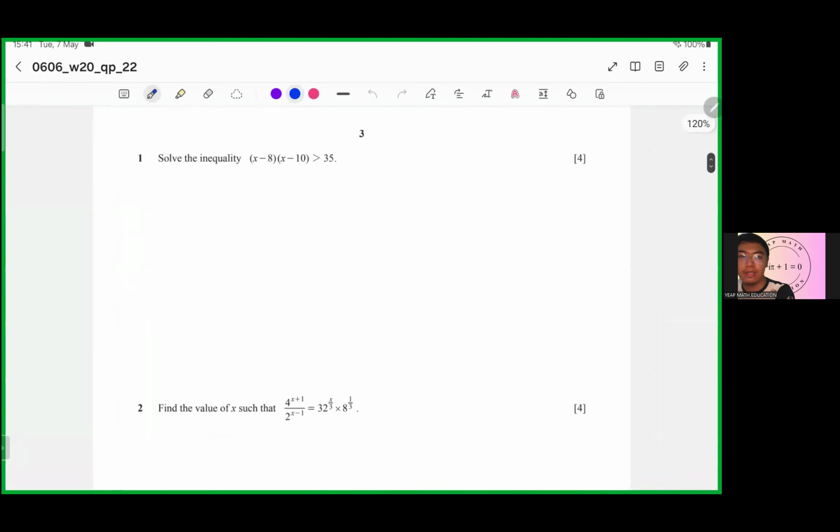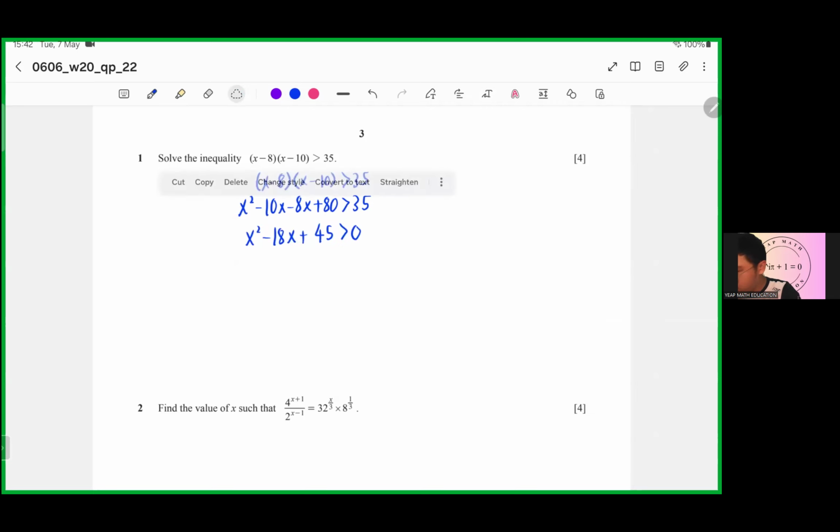Question one is to solve the inequality (x − 8)(x − 10) > 35. What we need to do is just multiply. We get x² − 10x − 8x + 80 > 35, so we will get x² − 18x + 80 − 35, which is 45 > 0.